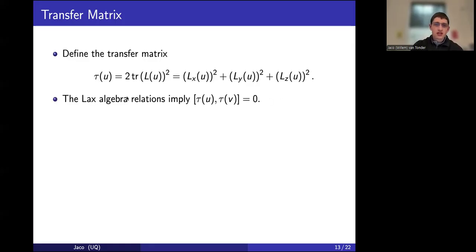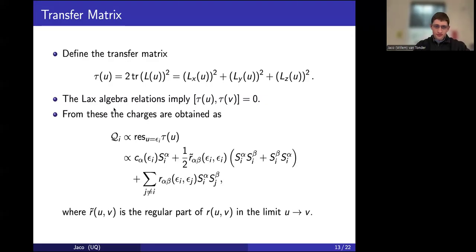So to guarantee integrability, we want these transfer matrices to commute for different spectral parameters, and that holds here, basically coming from the algebra relation satisfied by the Lax generators.